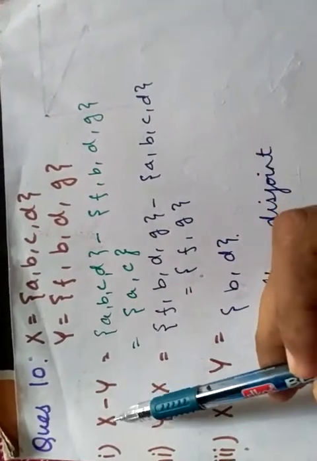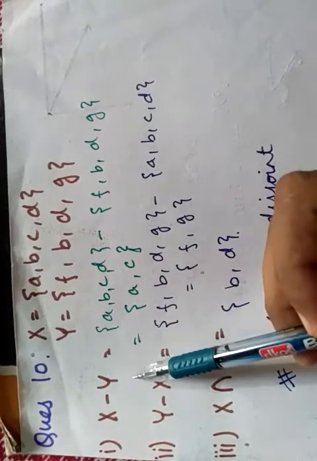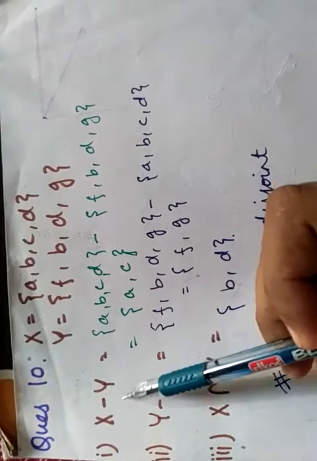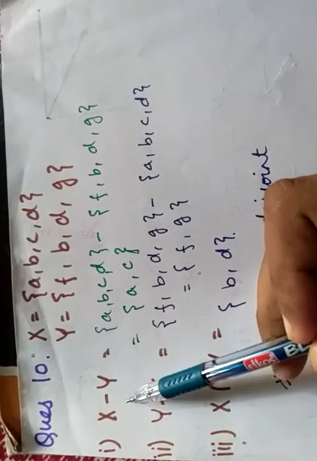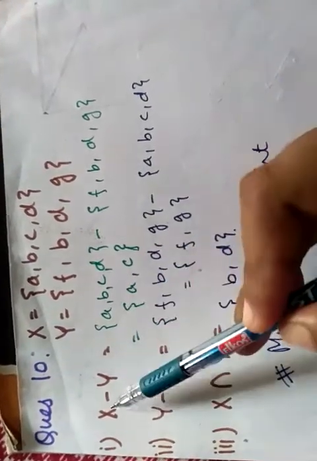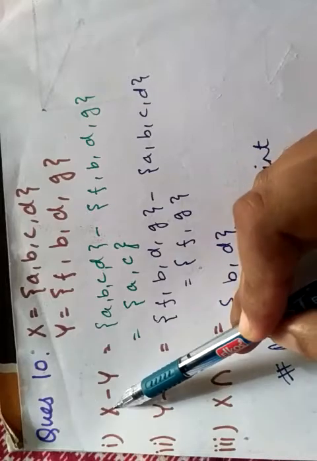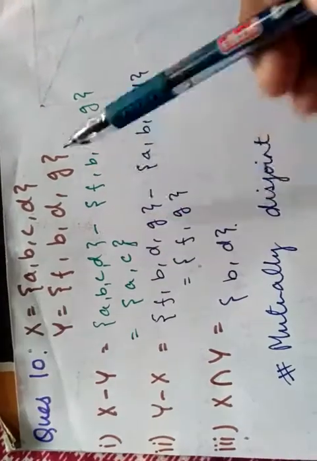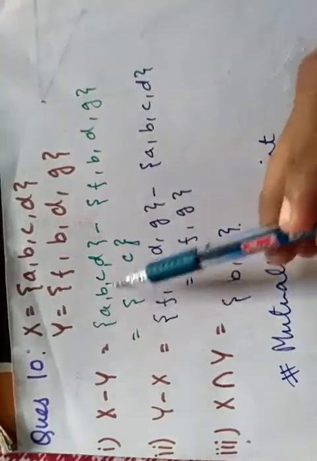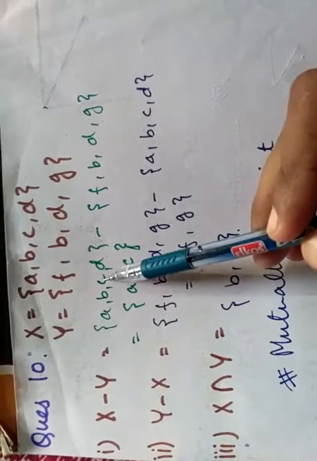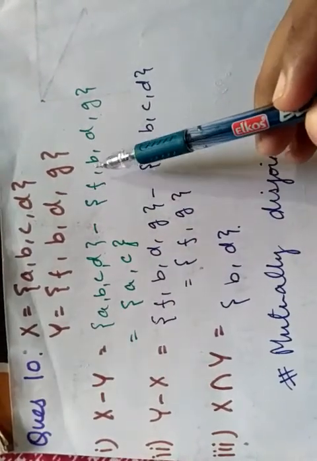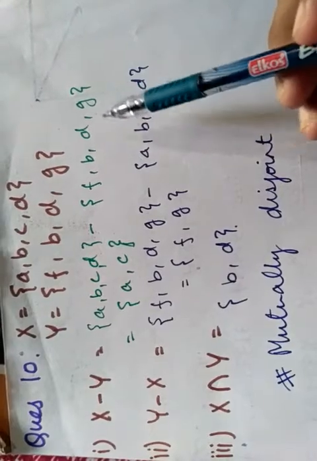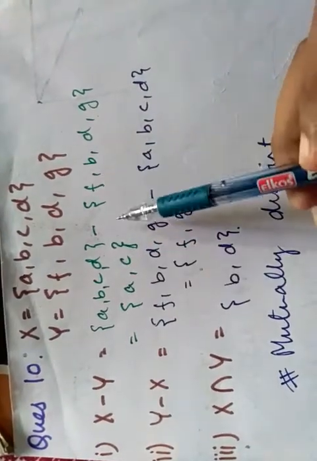Whenever we have to subtract one set from another, please pay attention to this question. This is very important. Suppose we have to subtract Y from X. First we will write the set X and then the set Y. X has the elements A, B, C, D, and Y has the elements F, B, D and G. Then we will subtract the common terms.